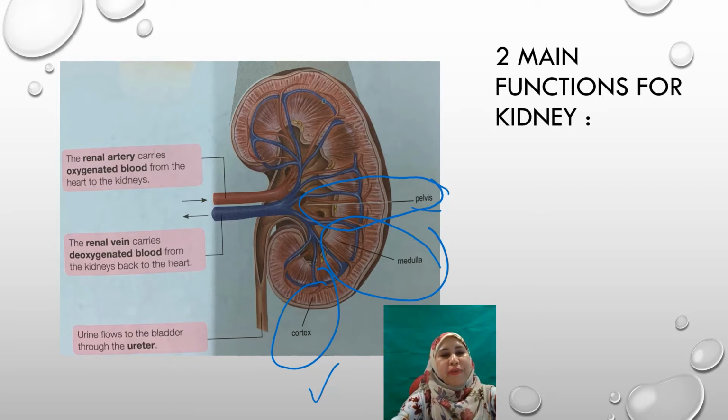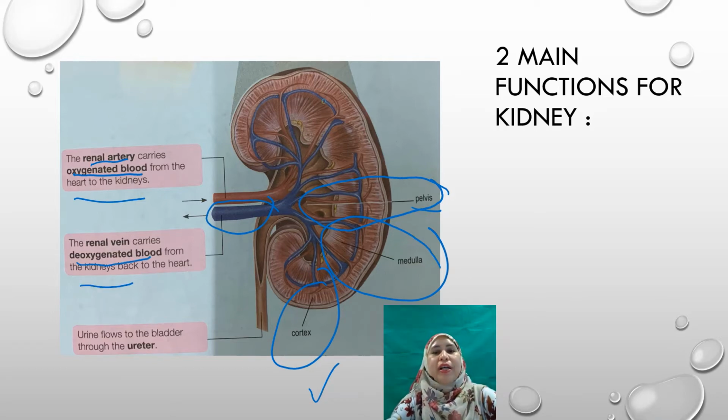There is also the renal artery, which carries oxygenated blood from the heart to the kidney, and the renal vein, which carries deoxygenated blood from the kidney back to the heart. And there is the ureter. The urine that forms will flow from the pelvis into the ureter, going to the bladder.